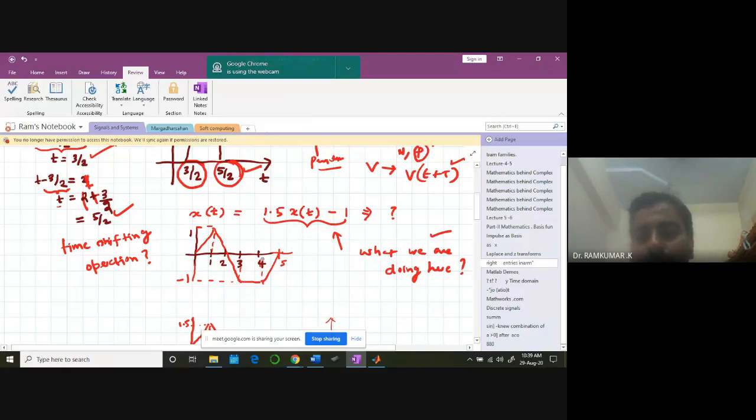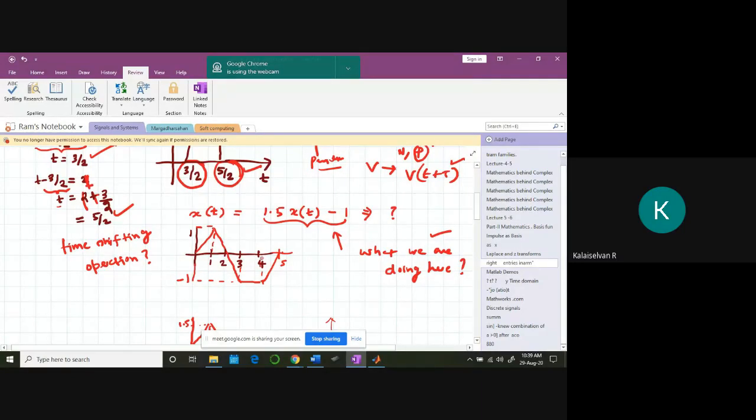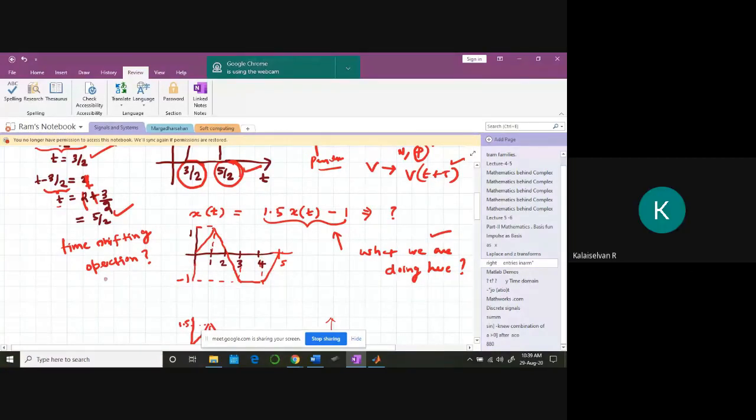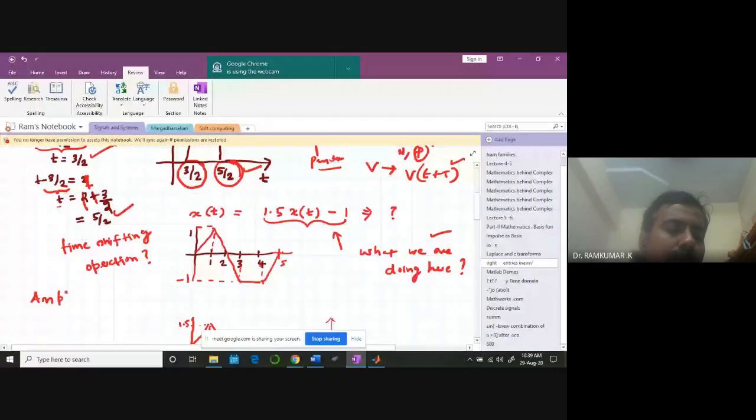Can somebody help me out? Are we doing time shifting operation here? Shifting the base, sir. This is more like amplitude shifting. Very important idea. Amplitude shifting and amplitude scaling, both are here.